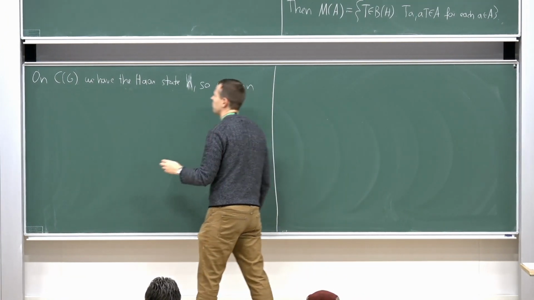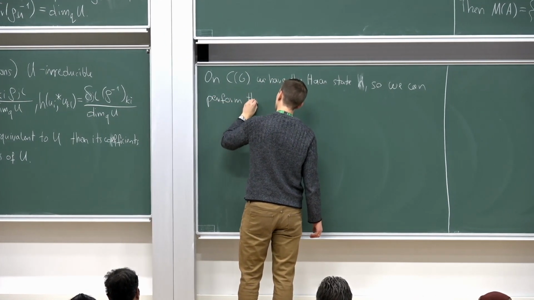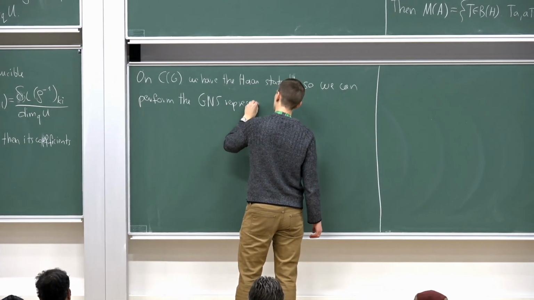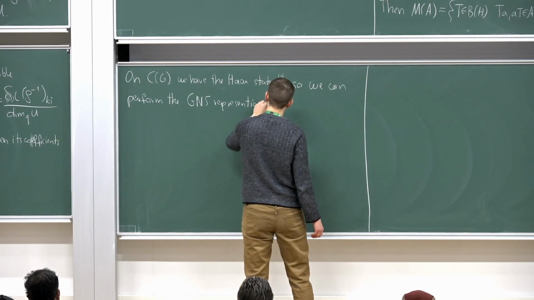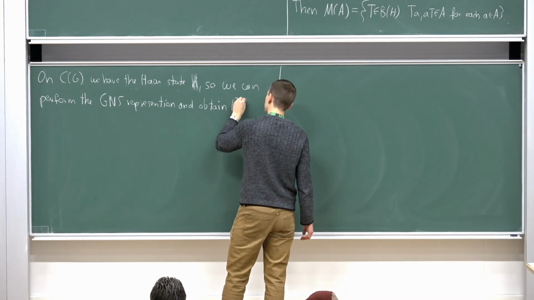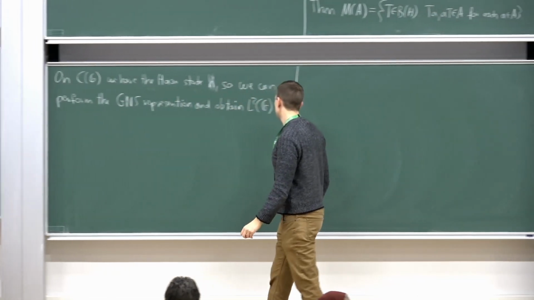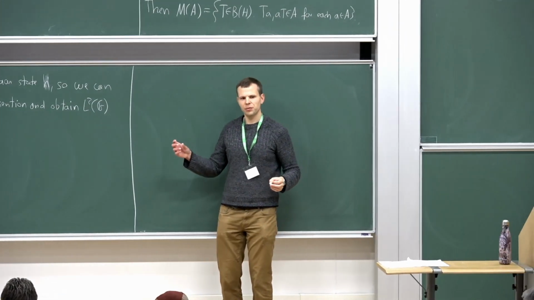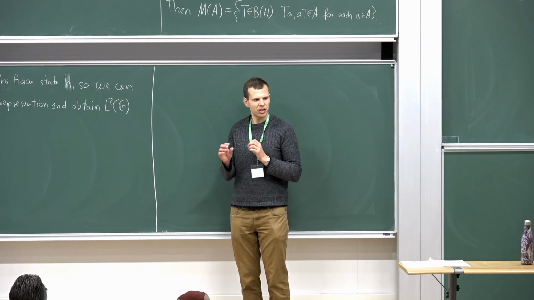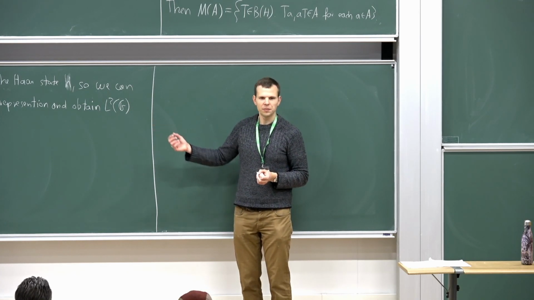So we can perform the GNS representation and obtain the Hilbert space L2(G). And then we also have the representation of C(G) on this space. If you want an analog of the regular representation, which acts by translation typically on L2(G), it will be the representation on this space.